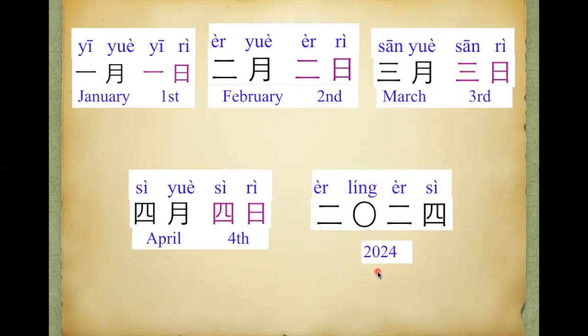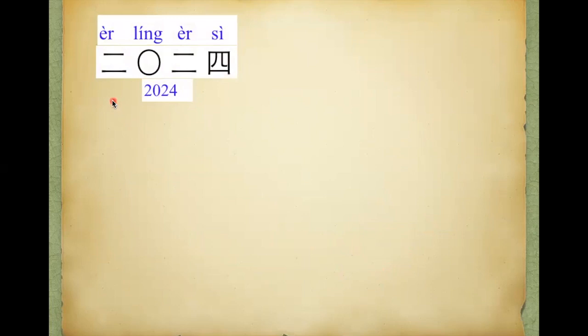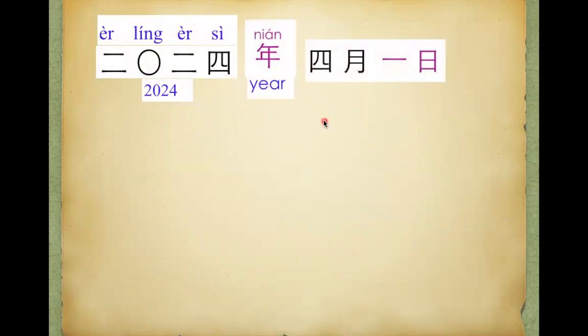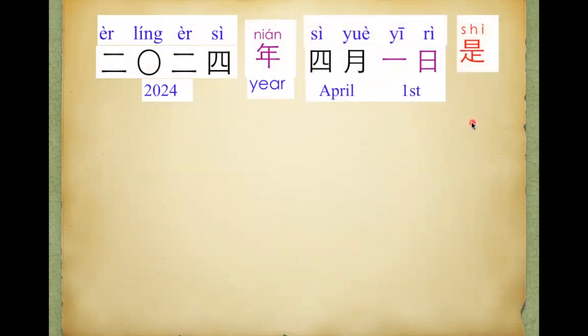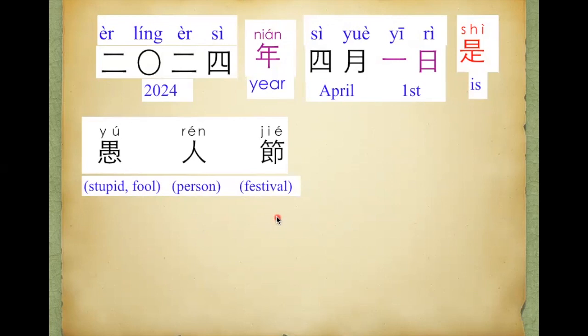2024. 2024年4月1日是愚人节，愚人节 April Fool's Day. 2024 April 1st is April Fool's Day.